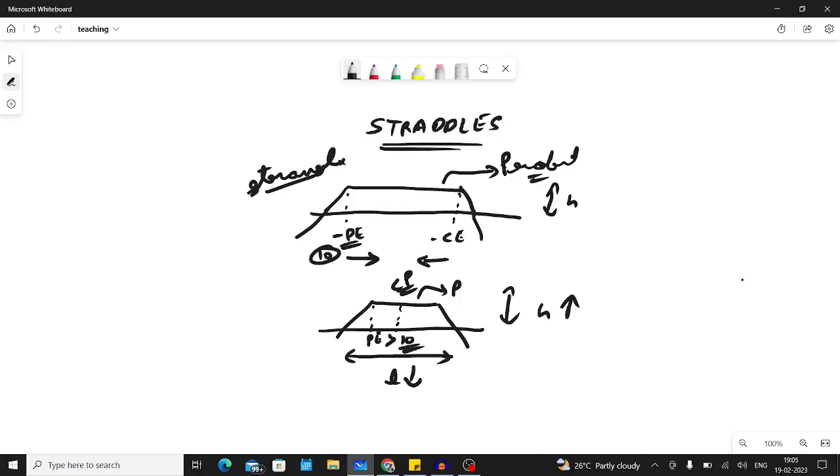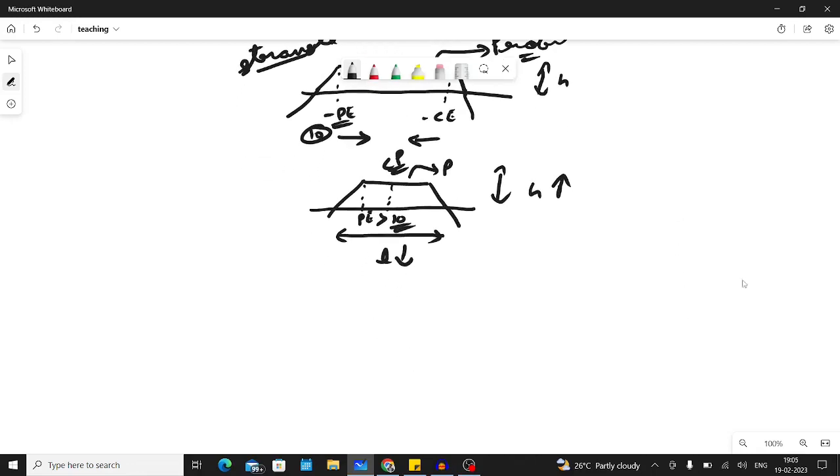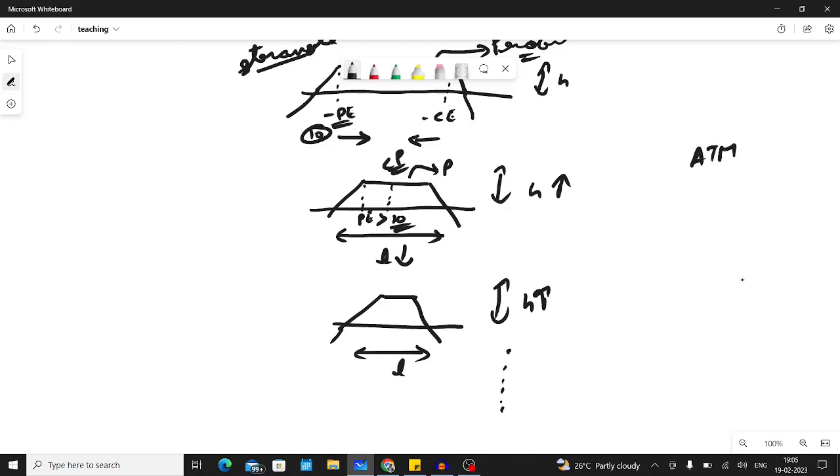So if we repeat this scenario and we bring this closer, the payout graph would look somewhat like this. This height is further going to increase and this length is going to decrease. And at some point of time, if we keep doing this, we reach a point where we sell at the money call option and put option.